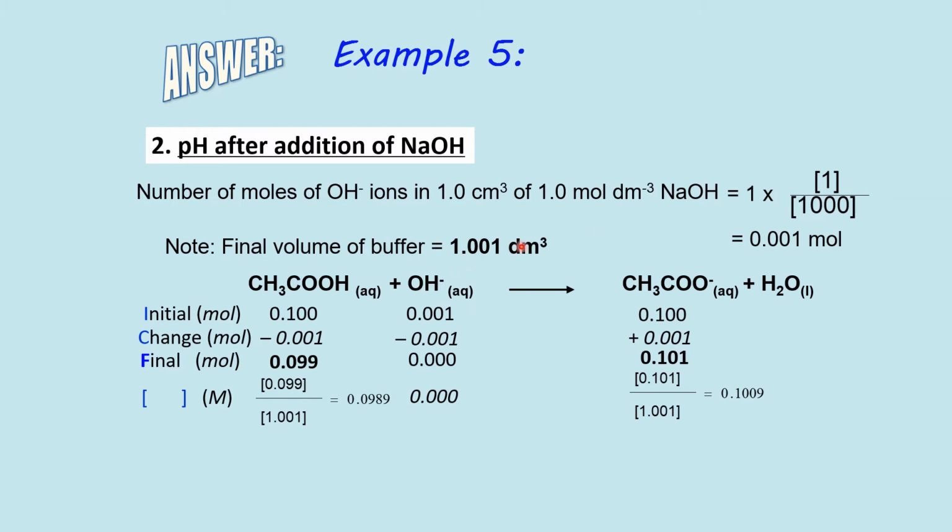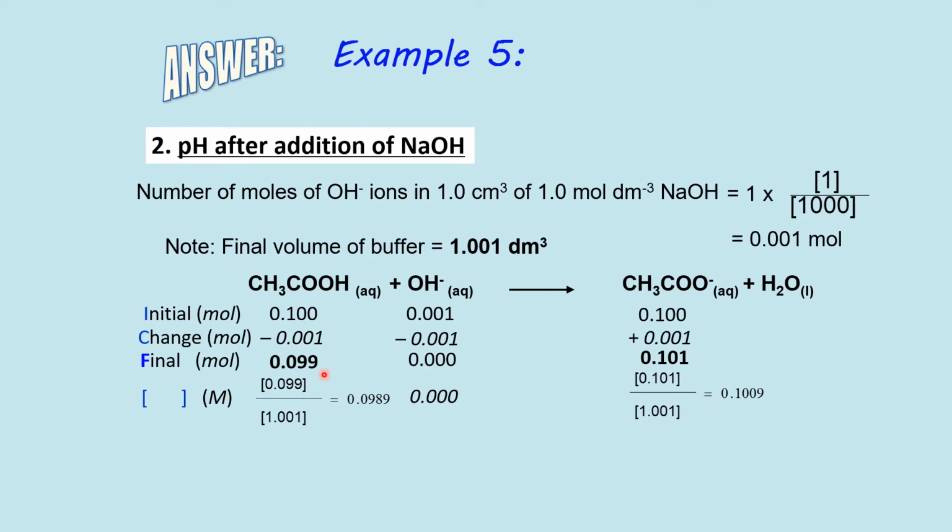And then the hydroxide we found here, and the number of moles of the conjugate base is 0.1 as well. If we compare over here, hydroxide is the limiting reactant with the smallest number of moles. So we minus 0.001 for the acid and hydroxide, and here the product plus 0.001. Then we sum up the initial mole with the change in mole. So the final mole of the weak acid is 0.099.